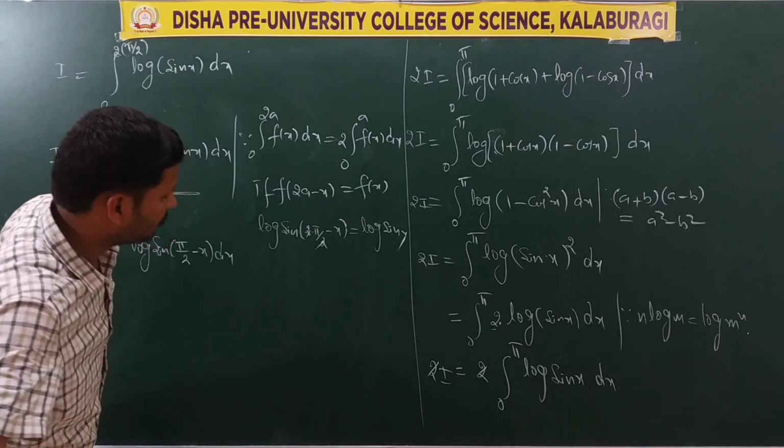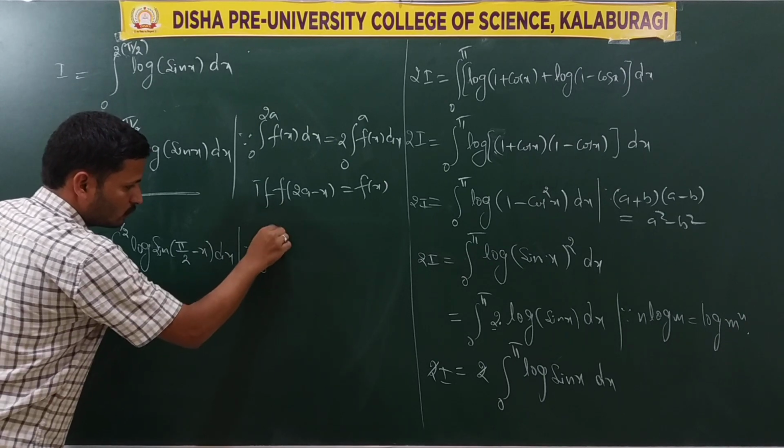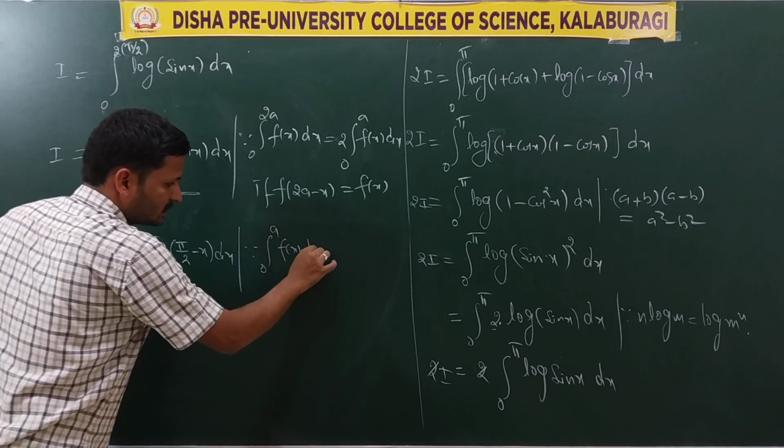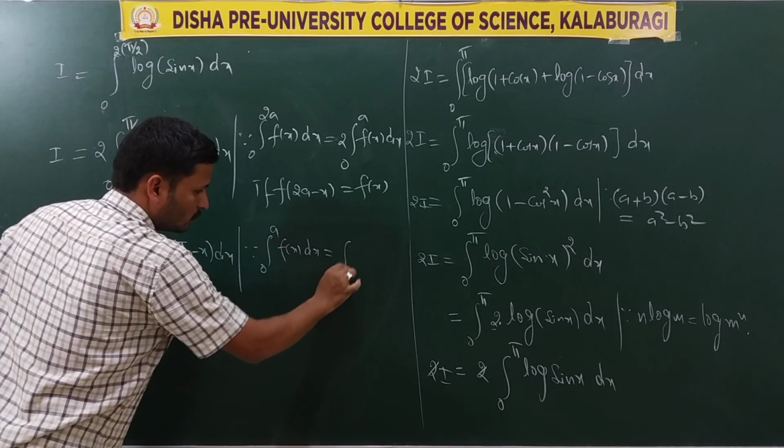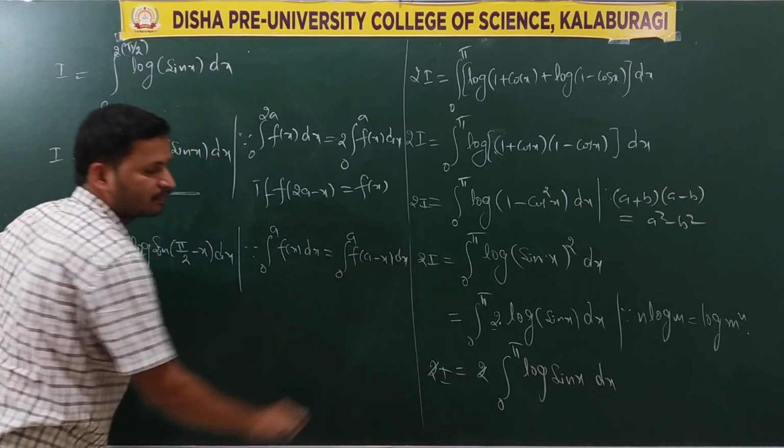Here the property is that integral 0 to a f of x into dx is equals to integral 0 to a f of a minus x into dx.